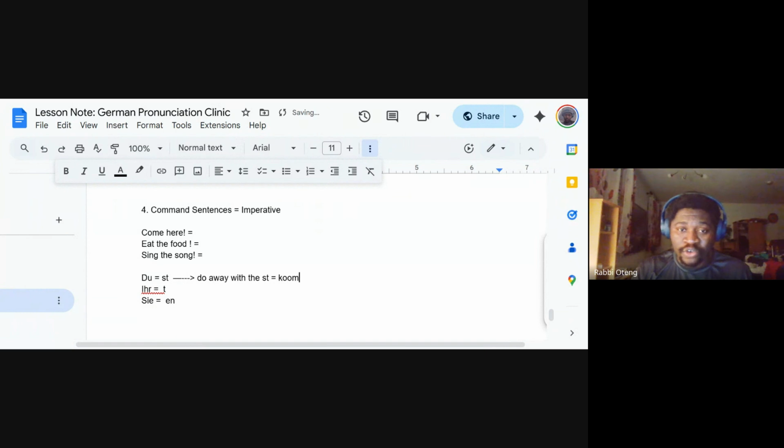If it was kommen and for the du form it became kommst, cancel the st, which will be what? Komm. Komm hier.